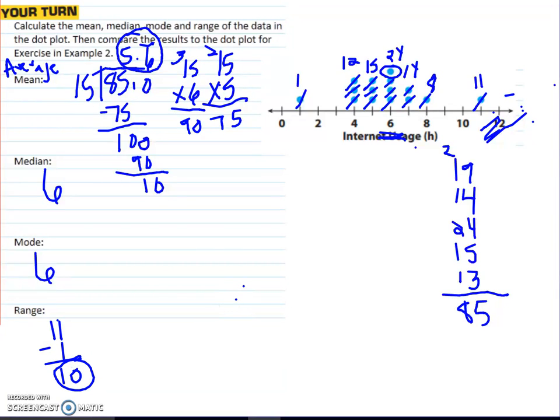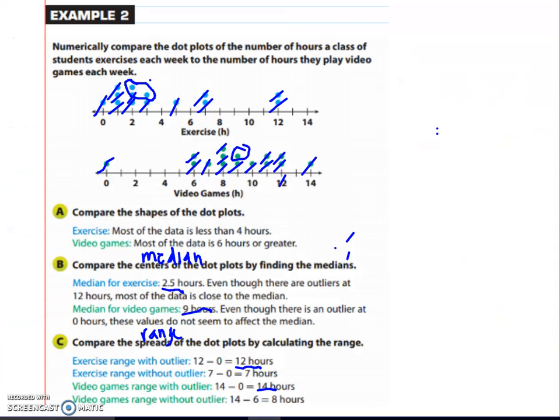Okay, so if we look at the median of all three of these, the median for internet usage is 6. The median for exercise is 2.5, and video games is 9.